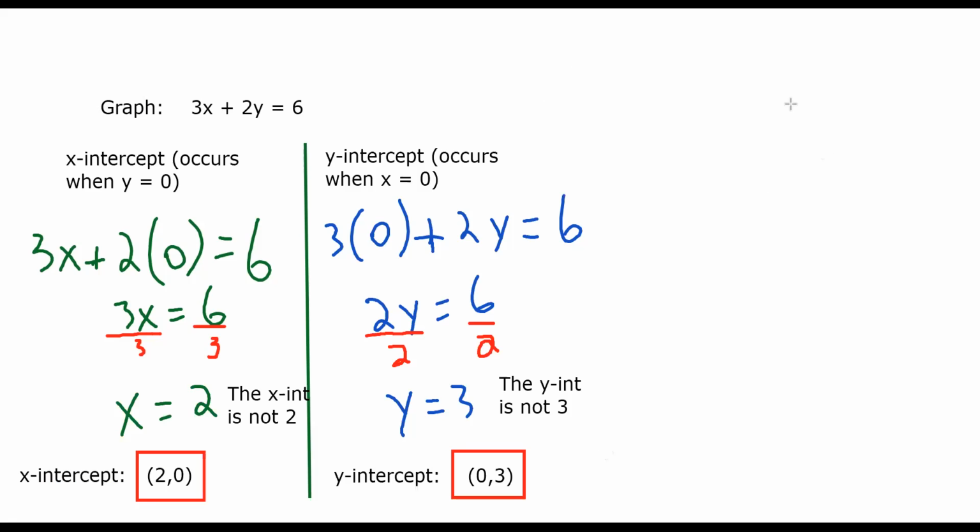But now we can graph the line. We need to make an x and y coordinate system. I won't draw out every divot point on there. The x-intercept is 2, 0, so maybe right here is my x-intercept.